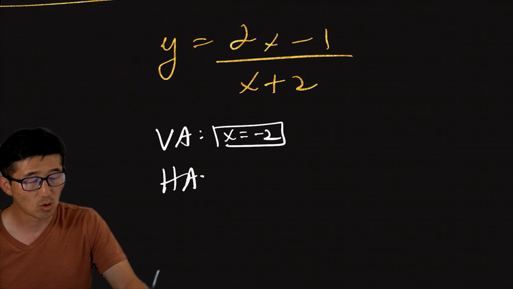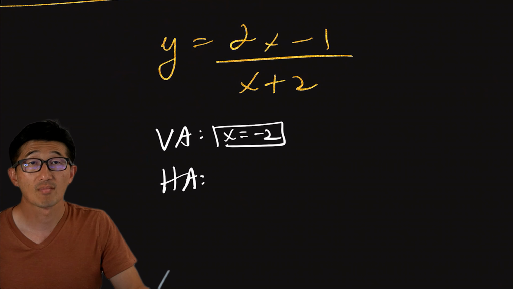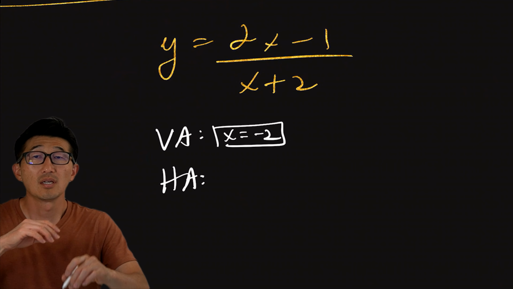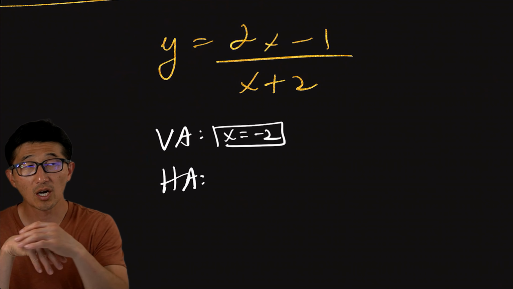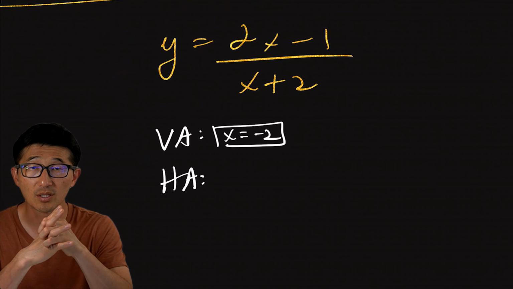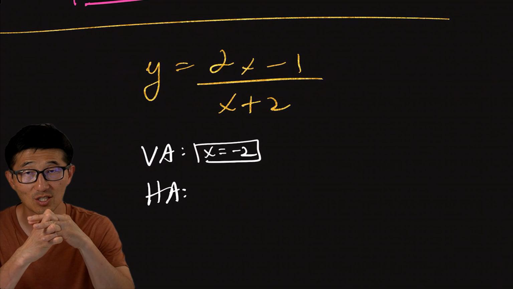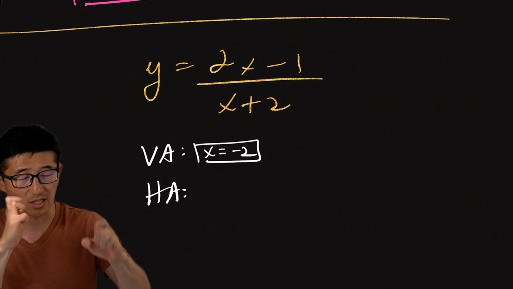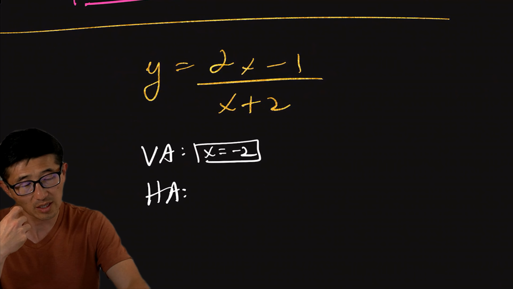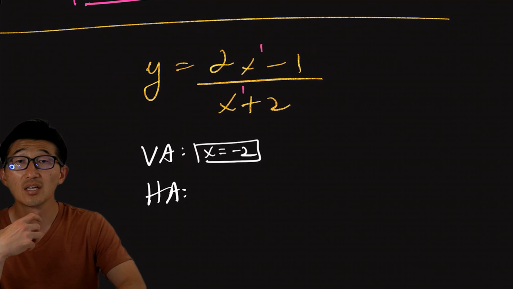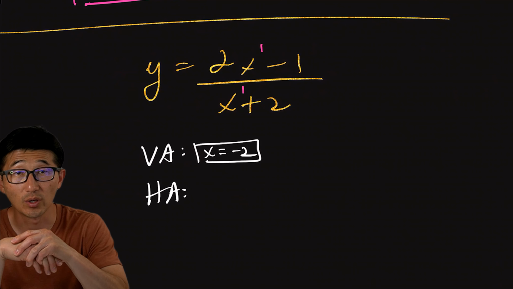And then you look at the horizontal what? Asymptote. Now, in pre-calc, honors pre-calc or honors algebra 2 trig, teachers will give you a 3-step test. They'll say something like this. Look at the exponents. See how it's x to the 1 over x to the 1?